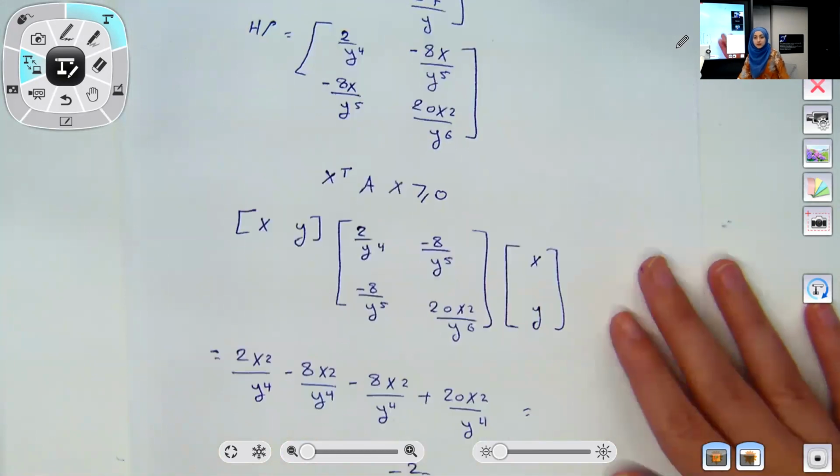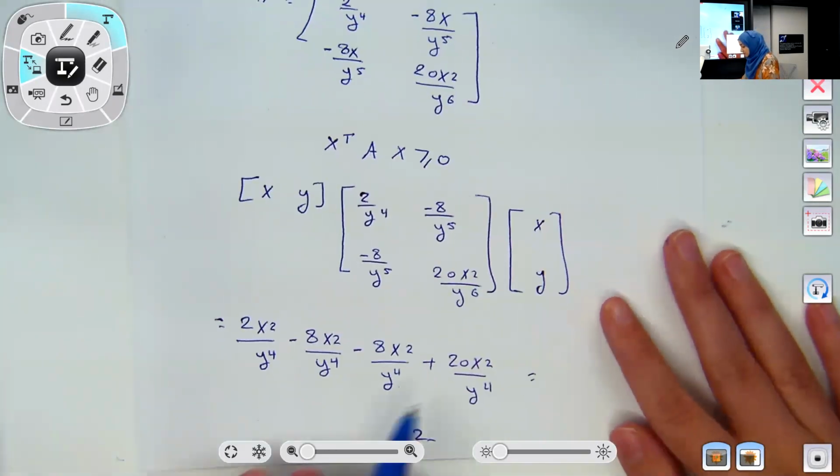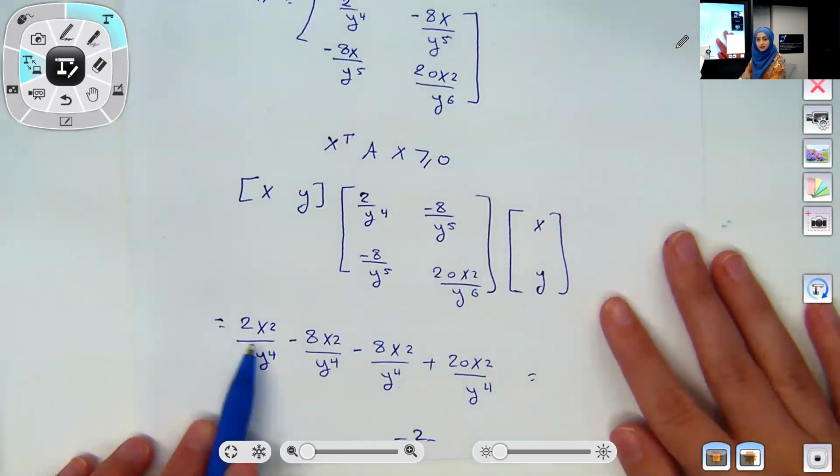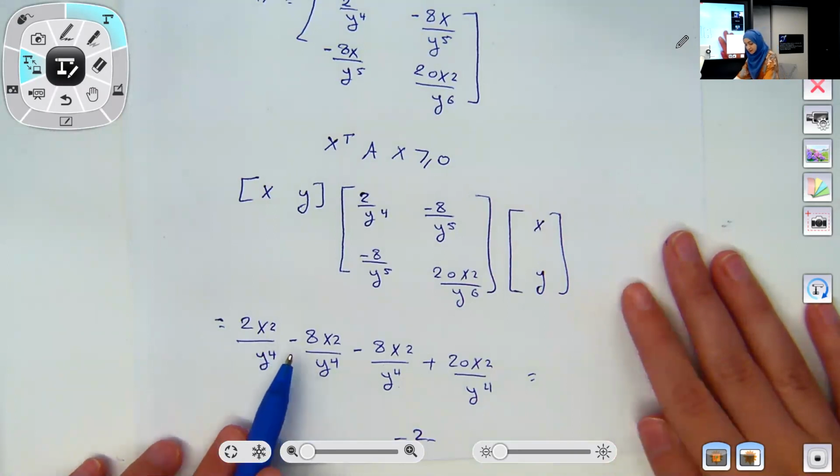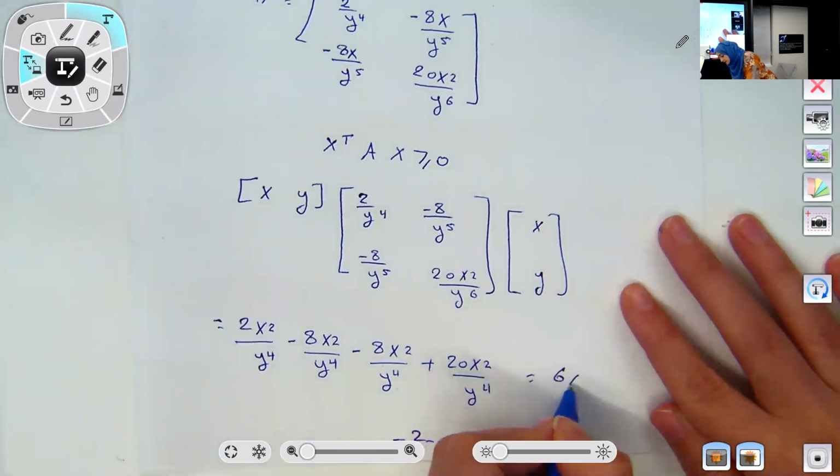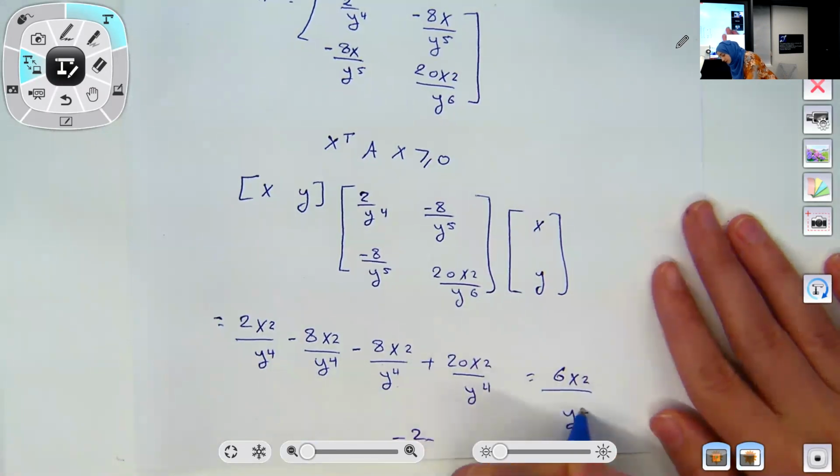Now we just need to add it up. Here we have 20 plus 2, it's 22, minus 16. This is equal to 6x squared divided by y to power 4.